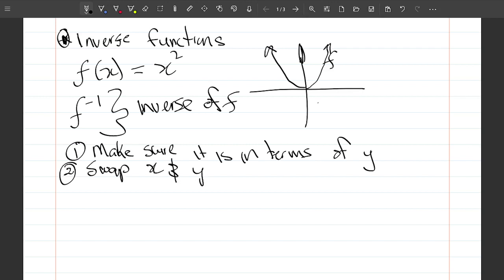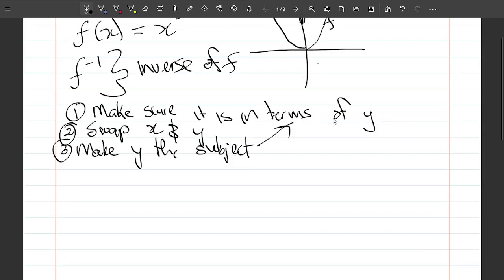So you're just swapping x and y. So first things first, I'm going to take f of x is equal to x squared, put it in terms of y, and then swap x and y. Then after doing all this, you make y the subject. But anyway, let's do that.